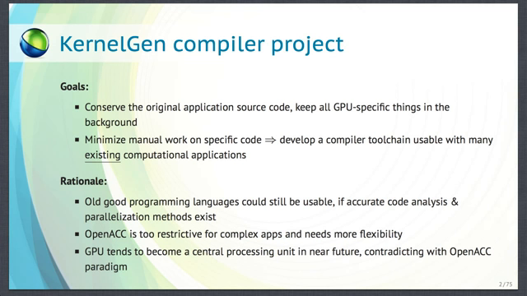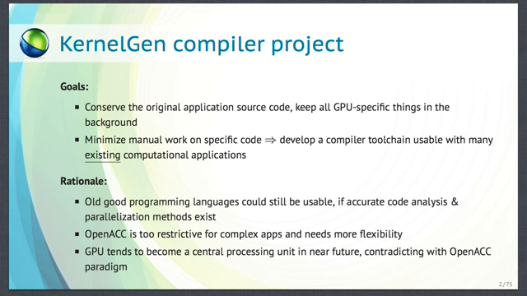OpenACC is a good step forward, but unfortunately it has a lot of limitations, and I will show you some examples. Also, OpenACC is a little bit conservative about the role of GPUs.